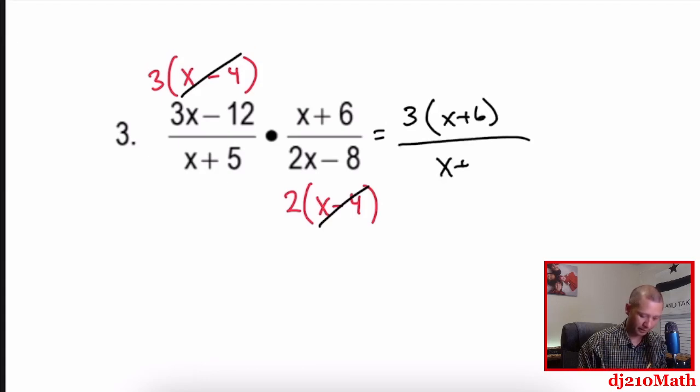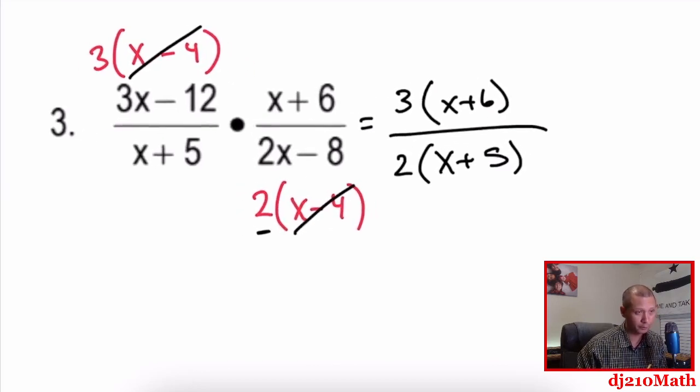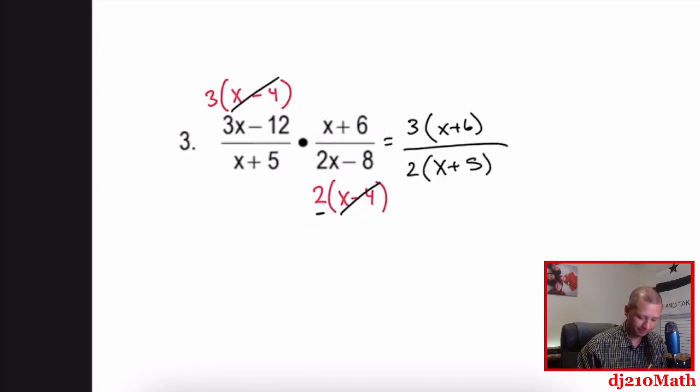And on the bottom, x plus 5 and then the 2. Sometimes when you cancel out a few things, it's always best to rewrite everything, and then sometimes it's a little bit clearer on what needs to be reduced. Here, it's fully reduced in the end.